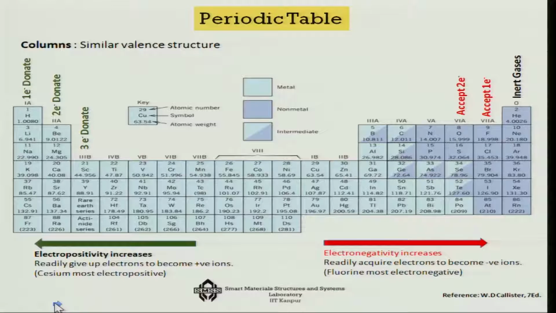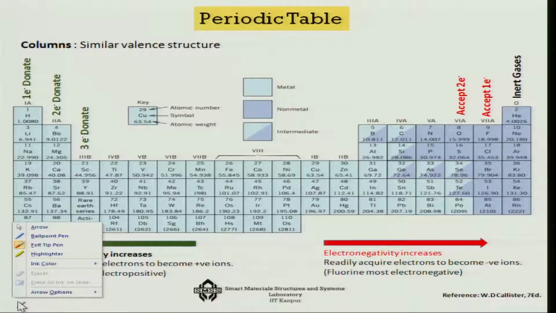Now, you should always have a clear idea of the periodic table while discussing this, because there are two very important things that happen if you look at the periodic table from our point of view.